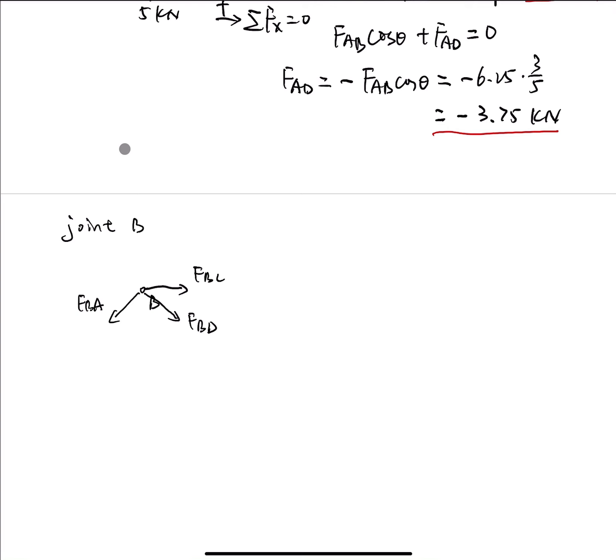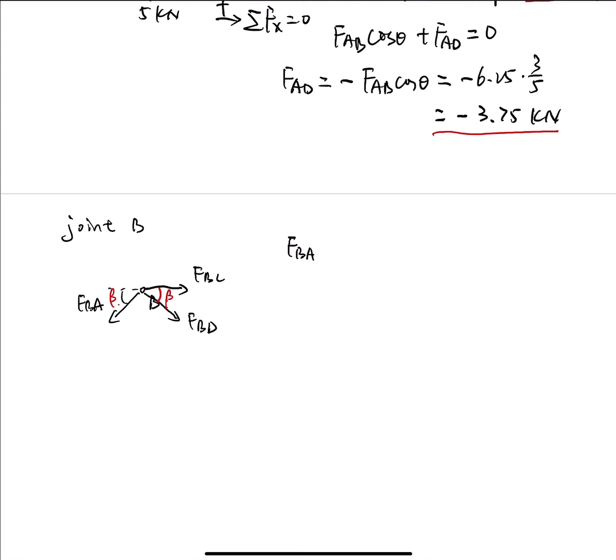If we see the angle here is beta, we can find in the vertical direction FBA. This is beta, and we can also derive that this angle is also beta as well.